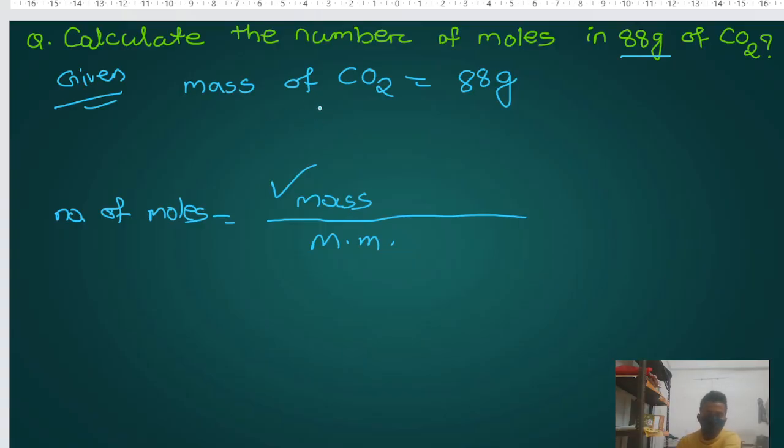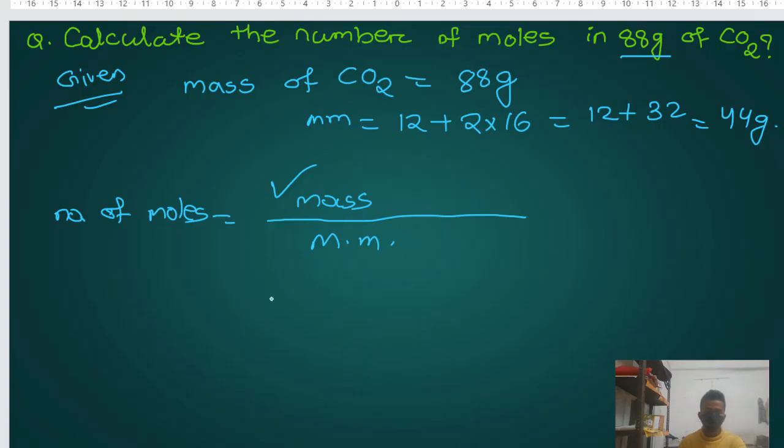So first of all, just try to calculate the molecular mass of carbon dioxide, that is atomic mass of carbon is 12 plus 2 into, because we have two oxygen atoms, so I multiplied 2 into the atomic mass of one oxygen, which is 16. So calculate 12 plus 32, that will be 44 gram.